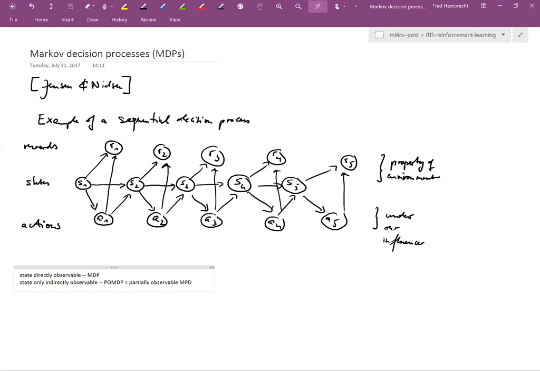So for example, the true number of fish could be the latent state, not directly observable, but we could make a test catch early in spring, and if the test catch is rich, we will assume that there are lots of fish. If it's poor, then we'll assume that there is little. This would be an example of a partially observable Markov decision process, or POMDP, and I'm mentioning it here because you will see it in the literature also.